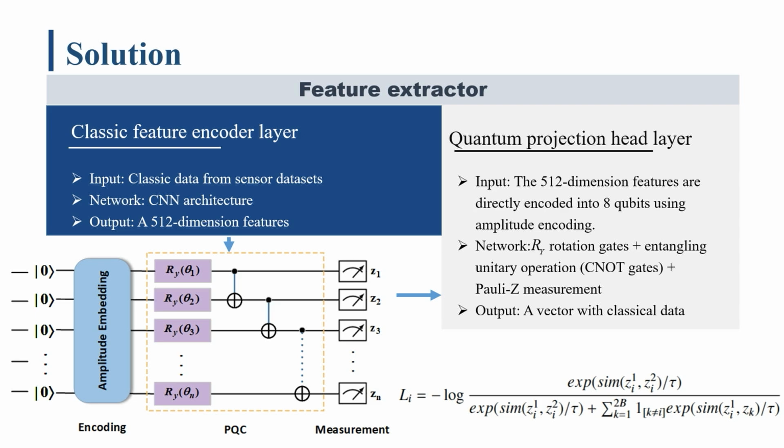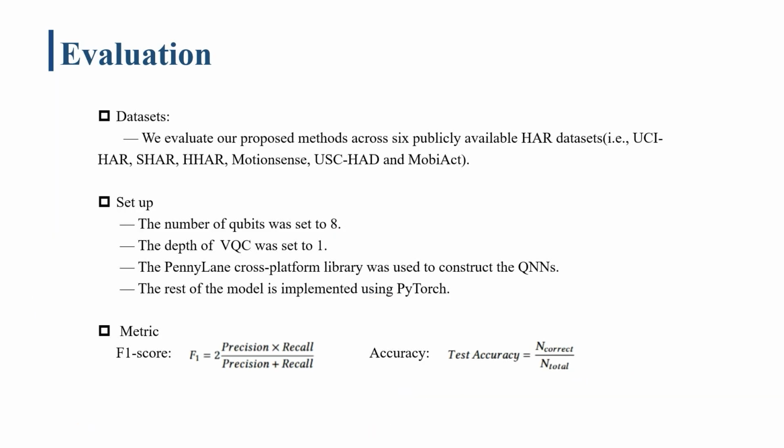After that, we have a parameterized quantum circuit, and the last step is the measurement. In our experiment, we used 8 qubits with amplitude encoding. For the network part, we used rotation gates and CNOT gates, and Pauli-Z measurement. Finally, our output is a vector with the classical data set.